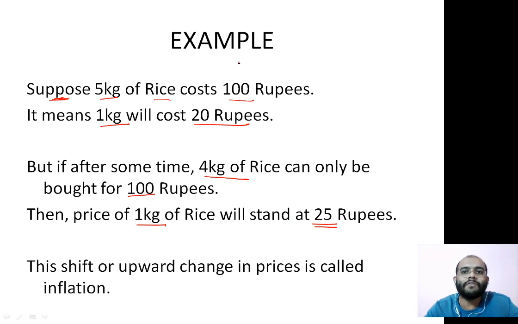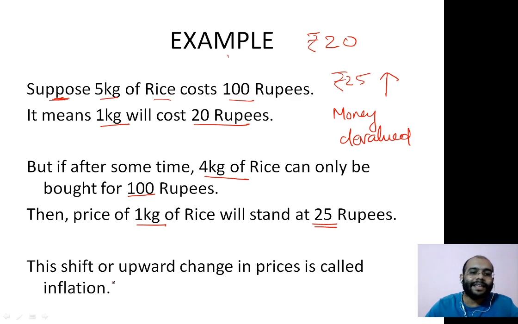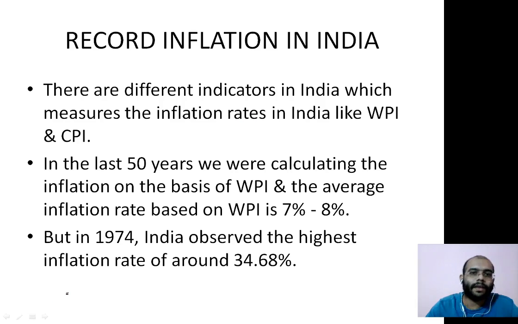So previously 1 kg of rice was costing 20 rupees, now 1 kg of rice costs 25 rupees. So the price has increased. That means money has devalued, it has depreciated. This upward change in prices is nothing but your inflation.